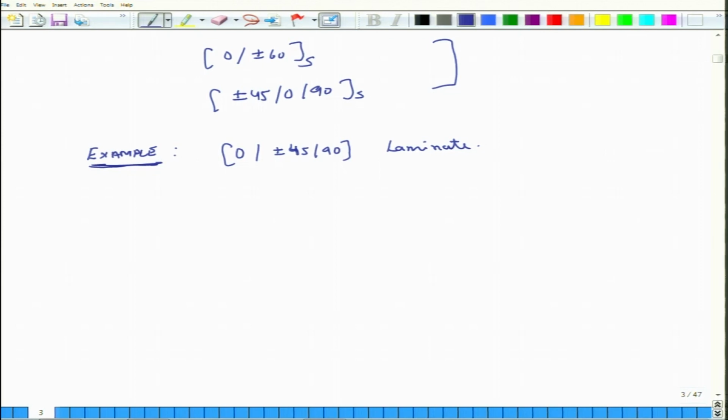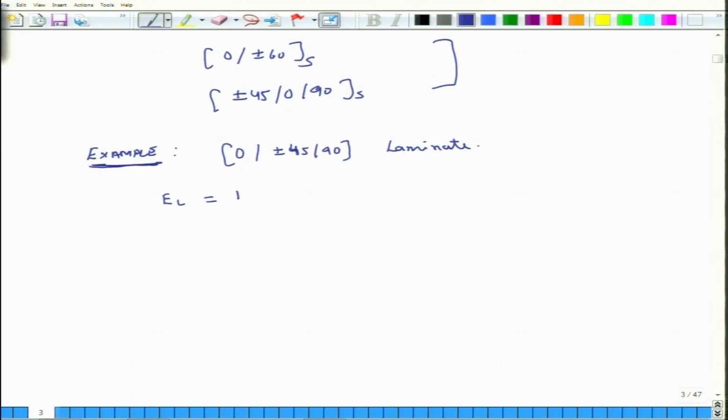This laminate has 4 layers, a 0 degree layer, 45, minus 45 and 90 degree layer, and all these layers are of the same material. The first thing is that we should know the value of EL, ET and so on. So, EL, either we can measure it or we can calculate it.